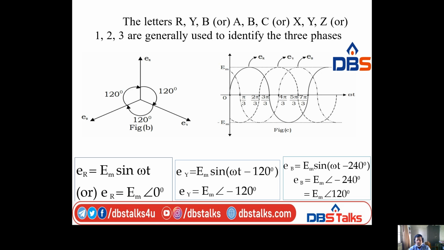EY is equal to EM sin omega t minus 120 degrees, or EM at an angle minus 120 degrees. EB is equal to EM sin omega t minus 240, otherwise EM sin omega t plus 120, that may be represented as EM at an angle minus 240, or EM at an angle plus 120 degrees. Like this, we have to represent the three voltages in the three-phase system, right?